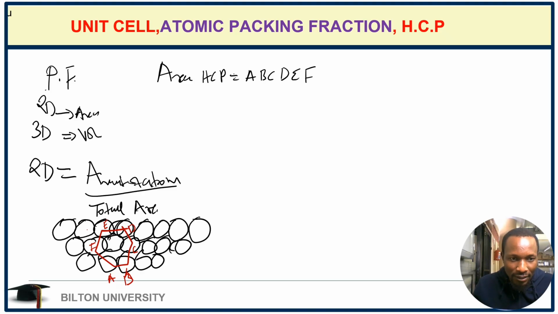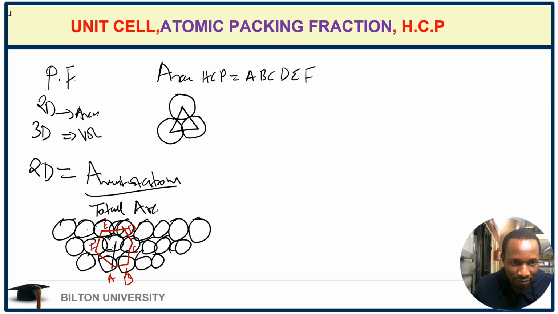If we connect the center atom with any 2 neighboring atoms, it's going to form a triangle. So assume that this is the center atom which is surrounded by the 6 atoms. If we take any 2 neighbor atoms and link them together, we can form a triangle.